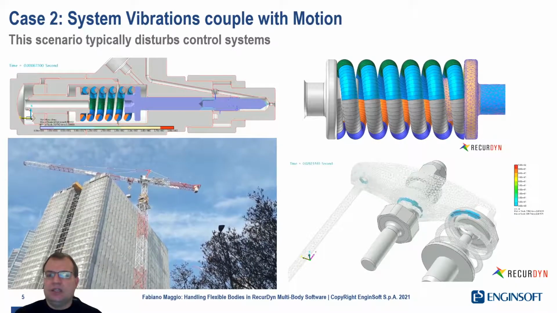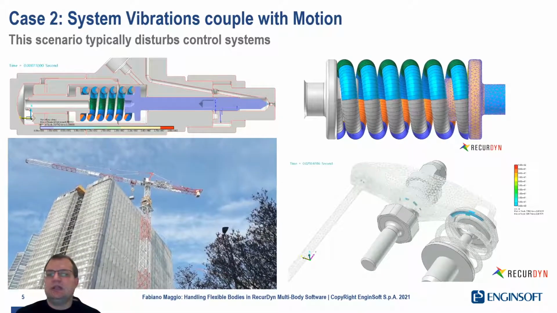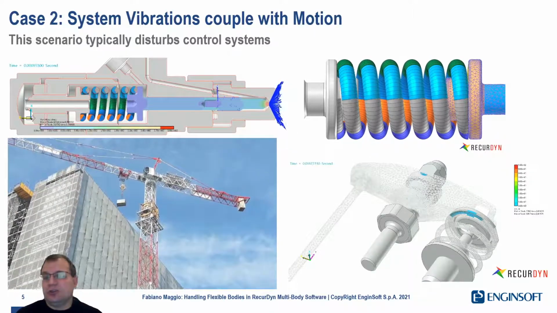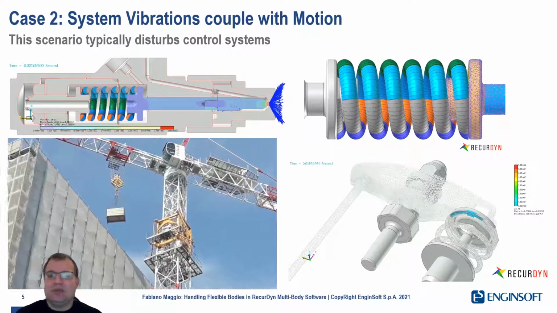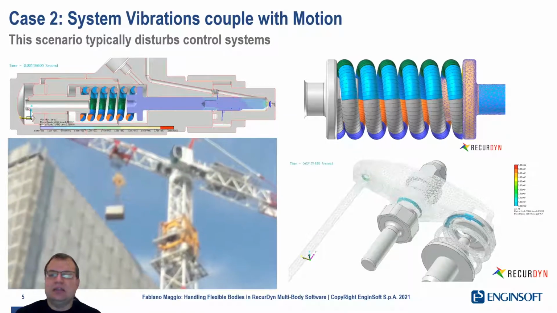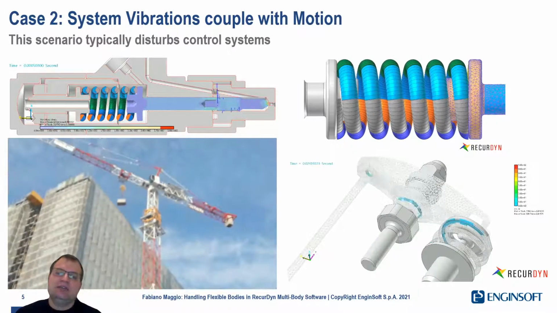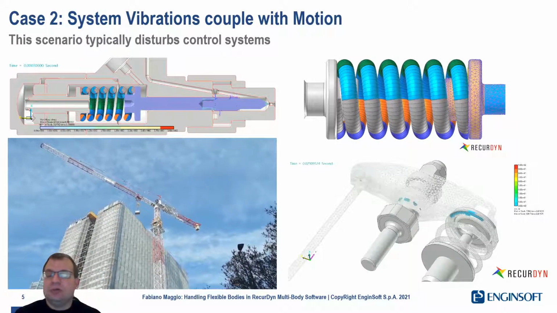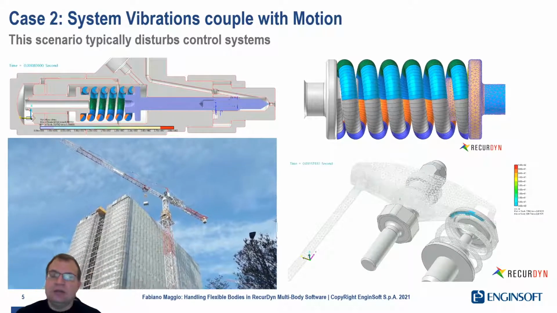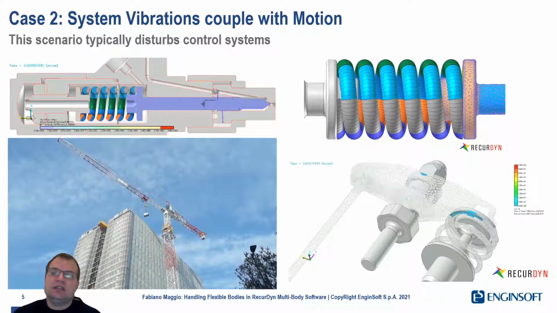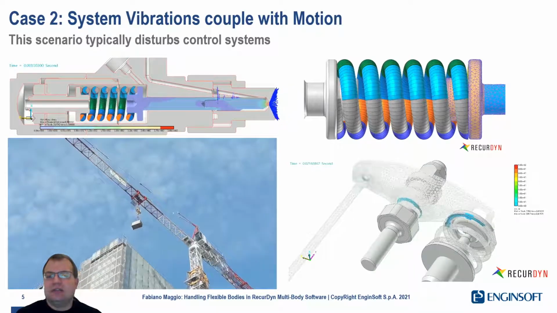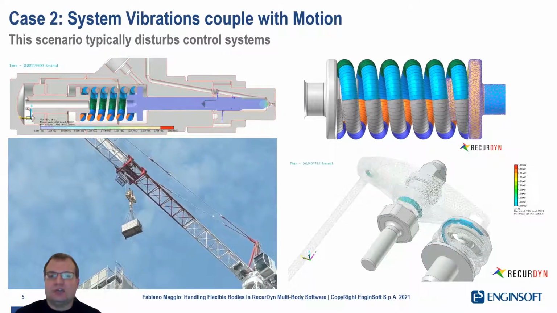In the video below, you see a tower crane. This system is not really an example of high-speed dynamics, so apparently you could say there is no need of a flexible multibody, but you would be wrong. The reason is that this system has very low natural frequencies. We are talking of fraction of hertz.